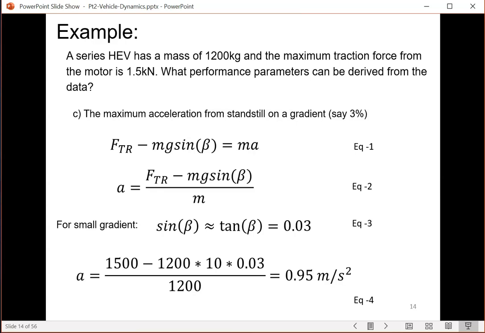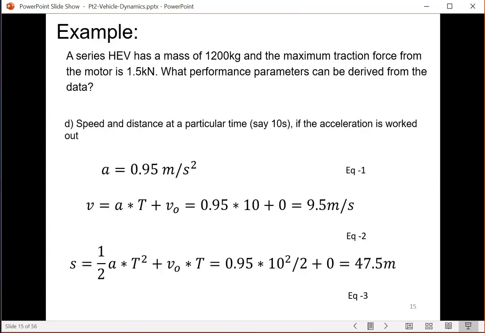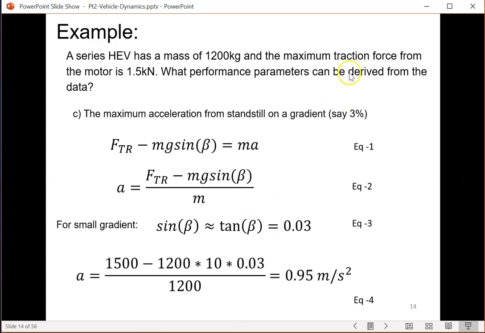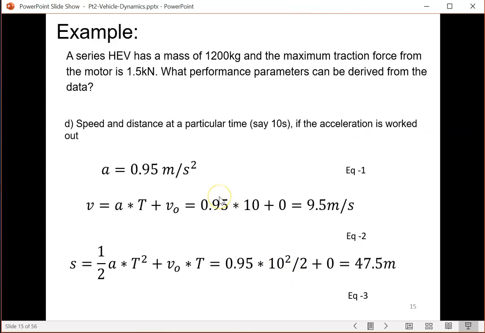We can use the calculation for other things as well. Now let's assume a vehicle is climbing up a gradient of 0.03 or 3%, and it has an acceleration of 0.95. But what I want to find out is what speed it can achieve after a certain time.